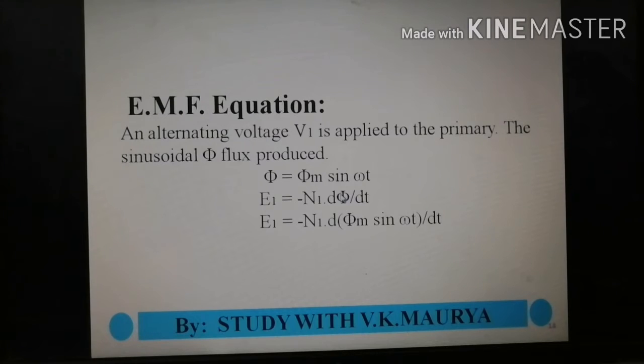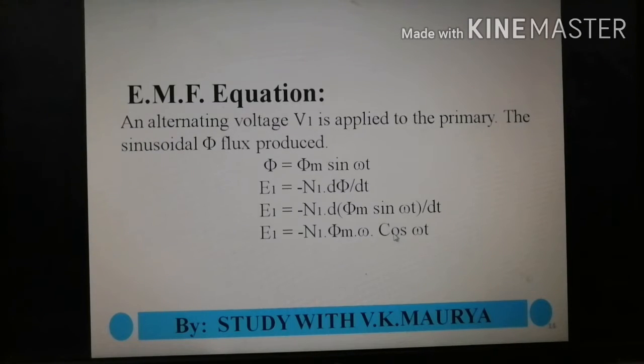It becomes E1 is equal to minus N1 d of phi maximum sin omega t divided by dt. After the differentiation, it becomes E1 is equal to minus N1 phi maximum omega cos omega t. Now I am going to change this cos omega t into the function of sine.